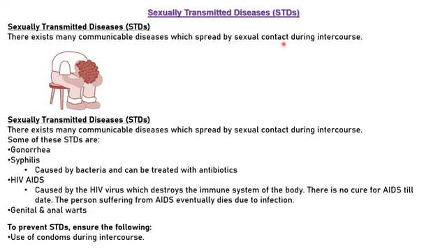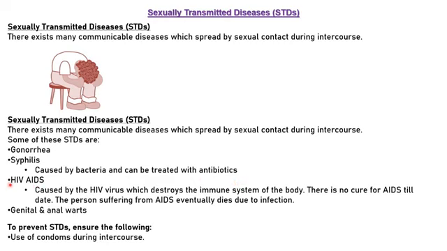So how are these diseases spread? They are spread by unsafe methods of intercourse. Now coming to the different types of STDs, gonorrhea and syphilis. They are caused by bacteria and they can be treated with antibiotics.